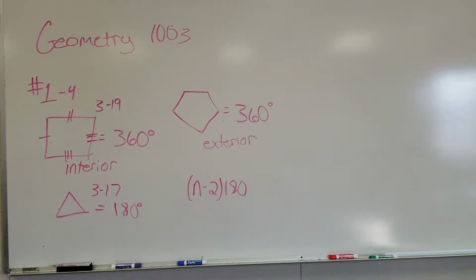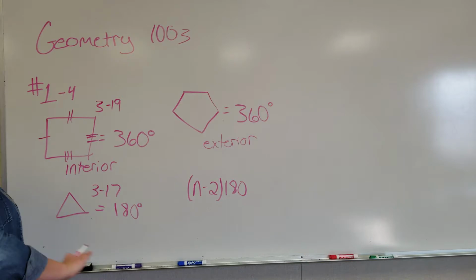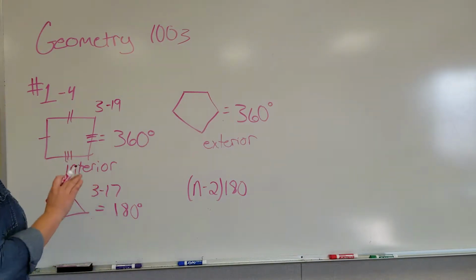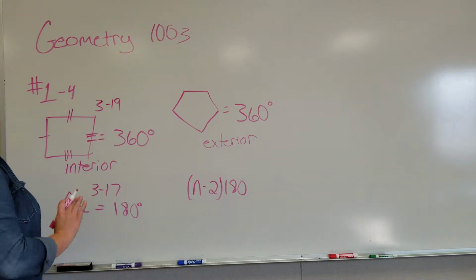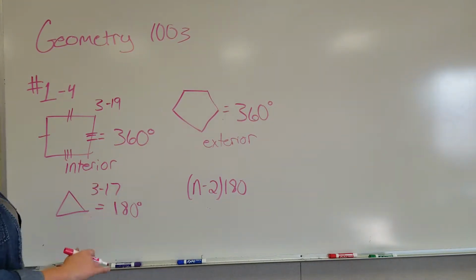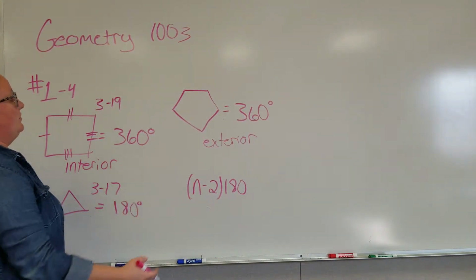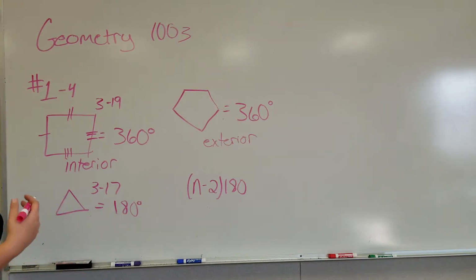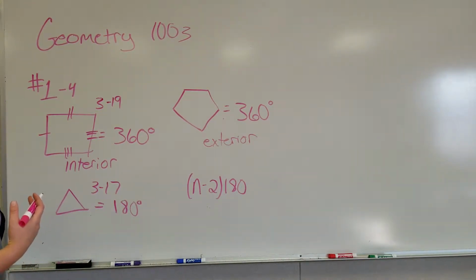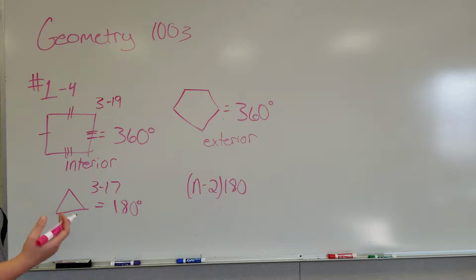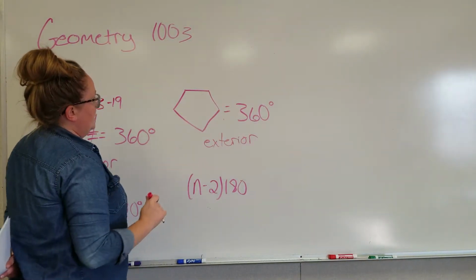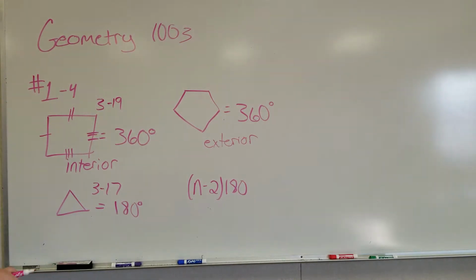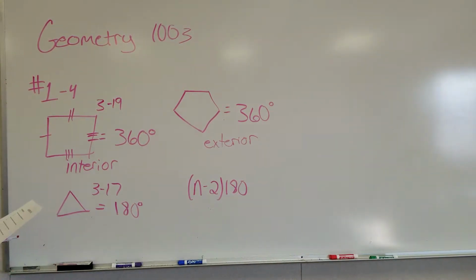The sum of the exterior angles for any polygon is 360 degrees. So they ask, what is the sum of the exterior angles for a pentagon? In this case, it's 360. Any polygon is 360.